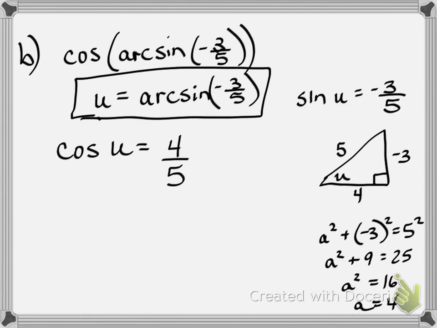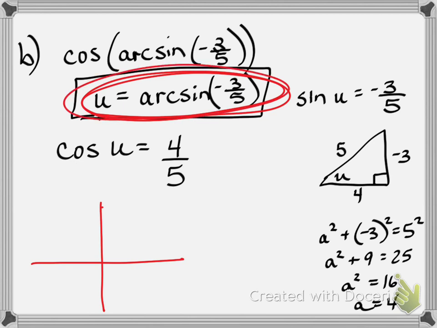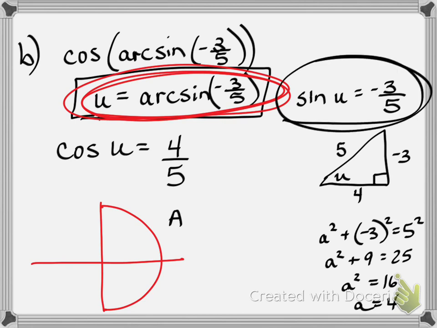Same thing over here. I don't need to be so sloppy. I need to be thinking about arc sine, which is in these two quadrants. And then we look right here, and we have a sine that's negative. So you do your positive x. Sine is negative here and here. So this is the quadrant where we need to sketch our triangle. And remember, it always goes perpendicular to the x-axis, and the angle is always at the origin.